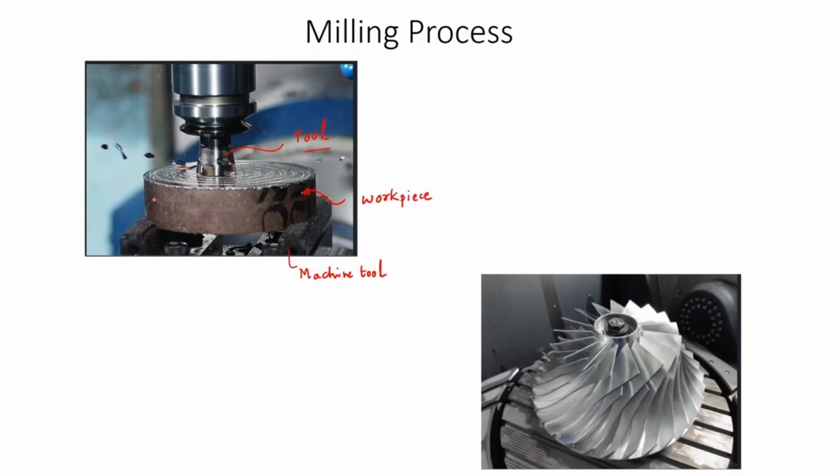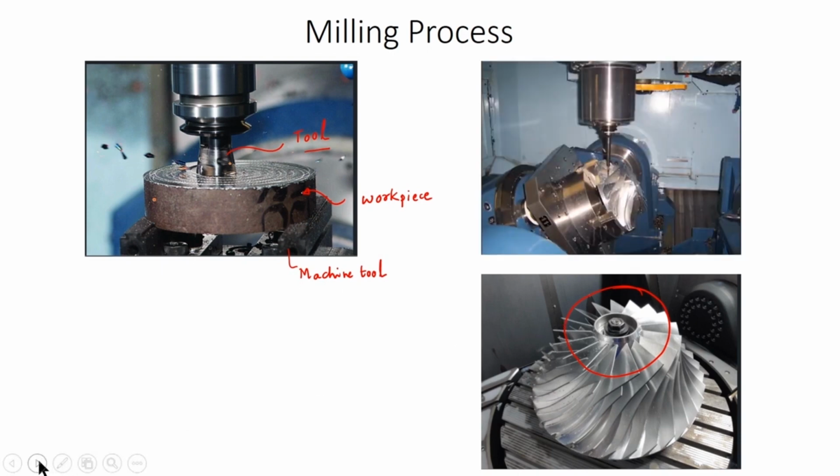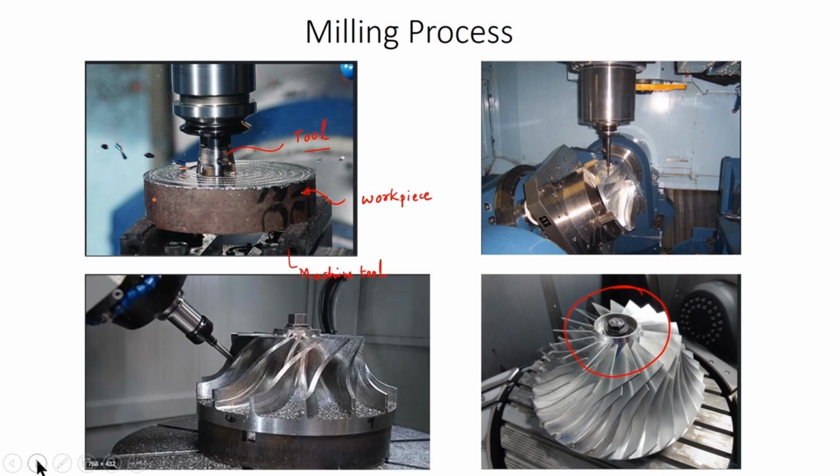The relative motion of the workpiece and the tool in a predefined path will generate the required shapes using the milling operation. One very complicated shape can be seen on your screen. This is the capability of the multi-axis CNC milling machine. Here you can see turbine blades. These are manufactured by using a multi-axis CNC milling machine tool.